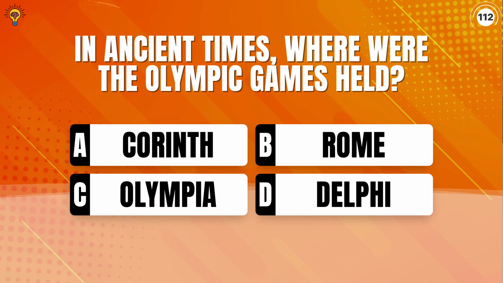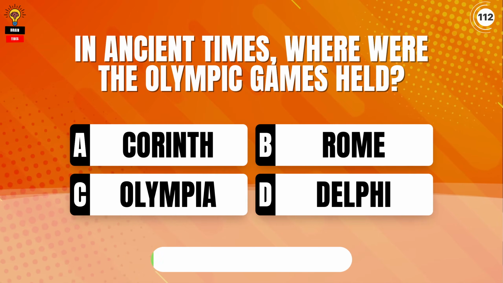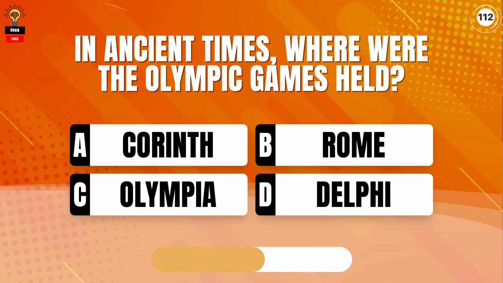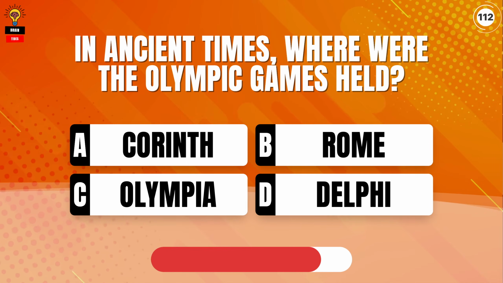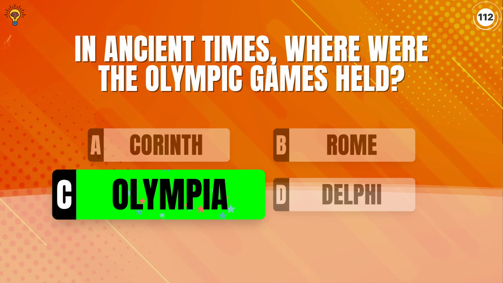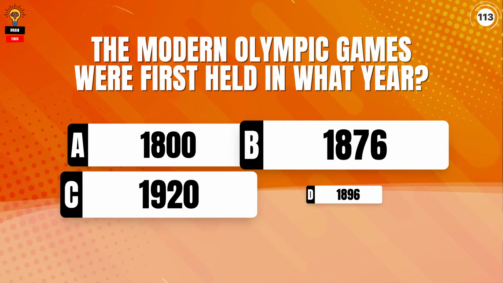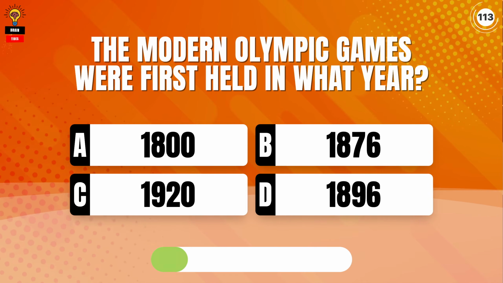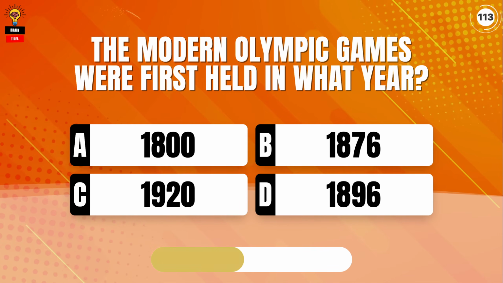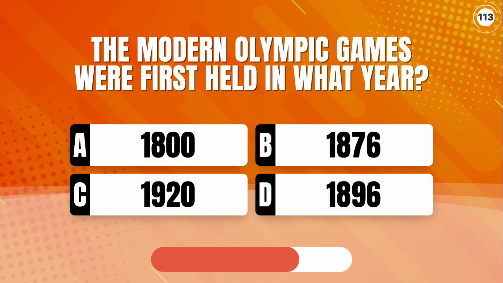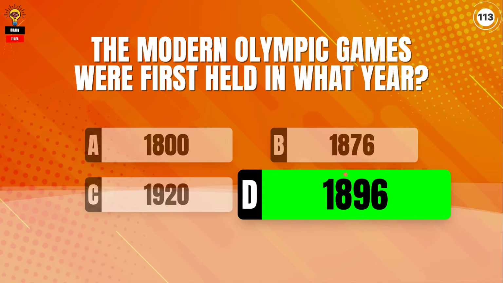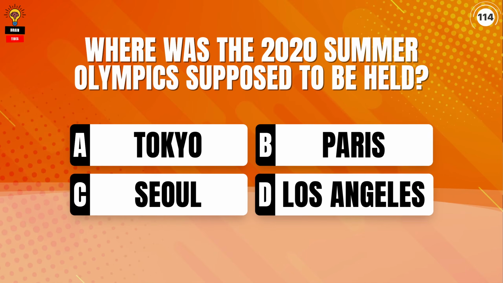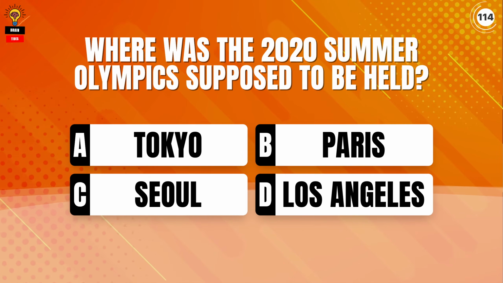In ancient times, where were the Olympic Games held? Olympia. The modern Olympic Games were first held in what year? 1896. Where was the 2020 Summer Olympics supposed to be held?